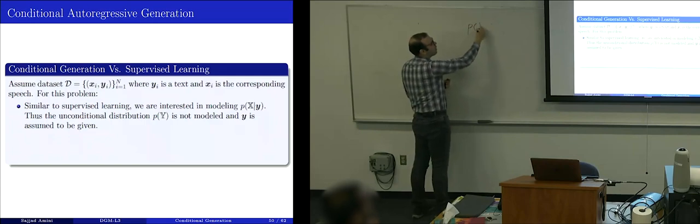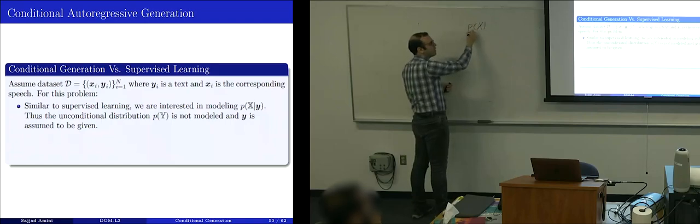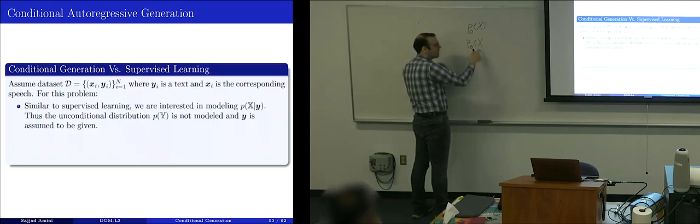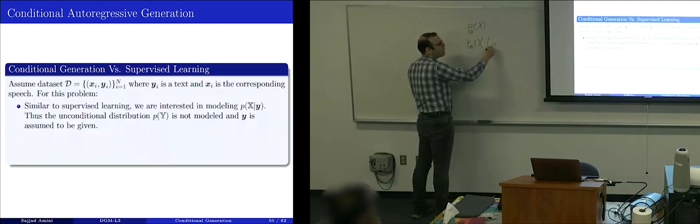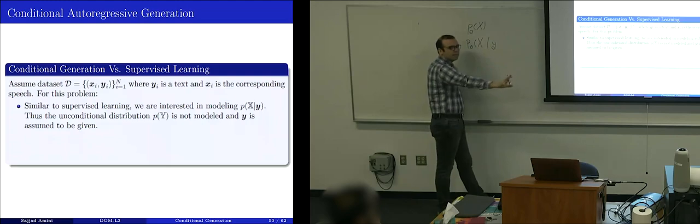As you see, till now we talked about a random variable and the distribution over this random variable, for example, the model distribution. Now we just want to talk about the distribution over x, given some information, which is a vector given to you. This is not a random variable anymore.